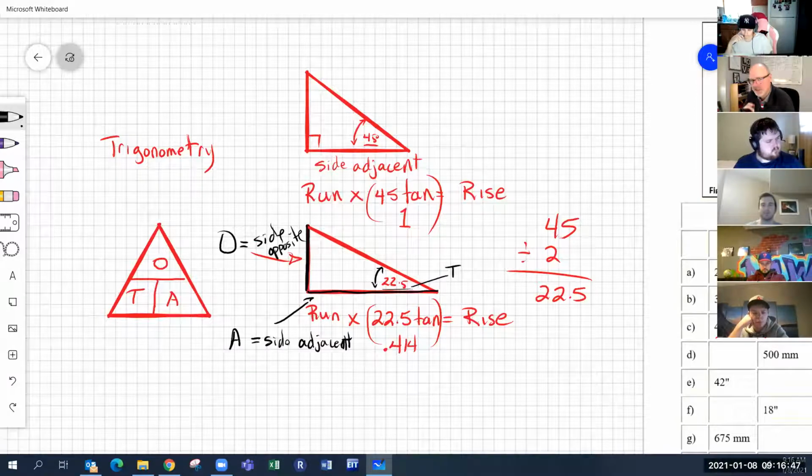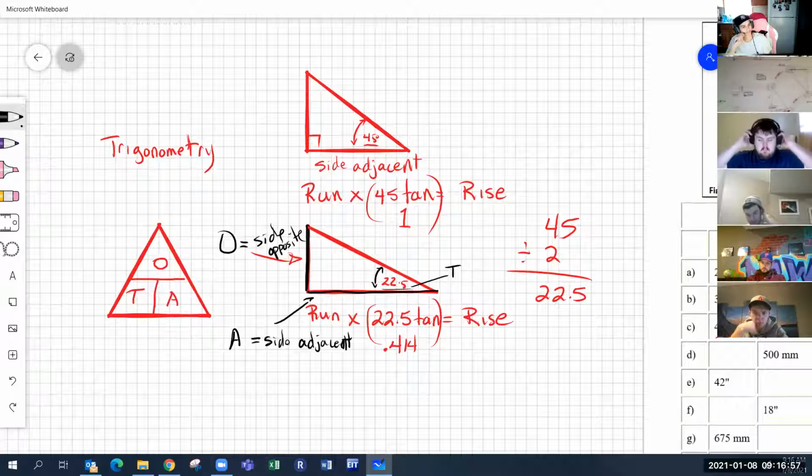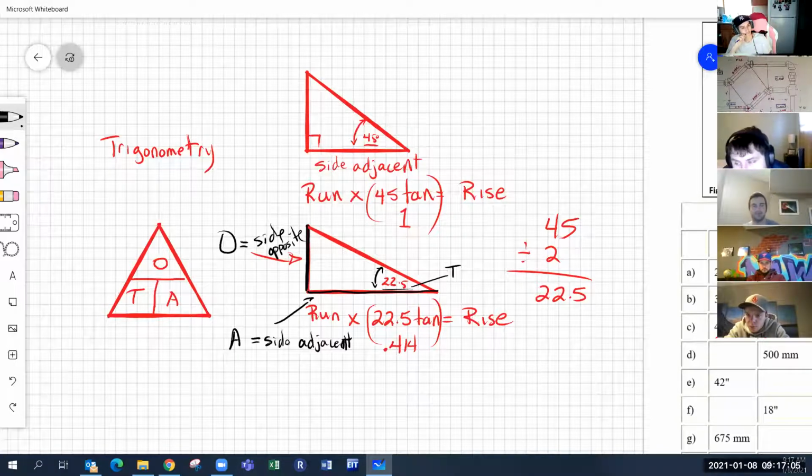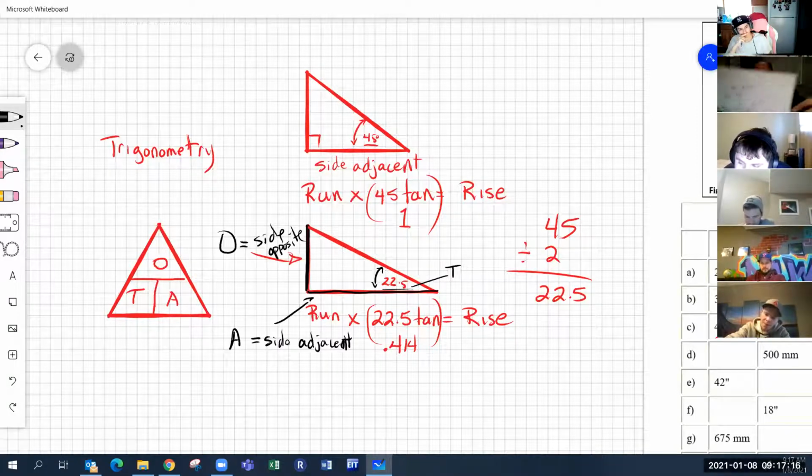I just wanted you to know the 22.5 number, because when we get to your project, as you can see, we take the 45s and we cut them in half to make 22.5-degree right angle triangles, so we can calculate all of these numbers. So that's going to be in shop class.